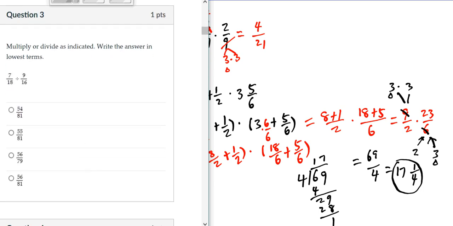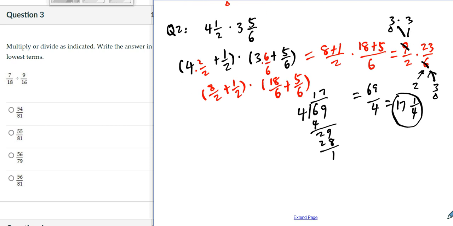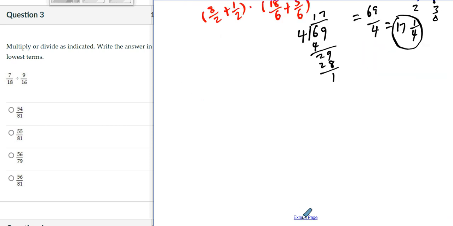Question 3. Let me do extended page. Question 3, you have a 7 over 18 divided by 9 over 16. When you do the division, you actually do the multiplication by flipping the numerator and the denominator of the divisor.